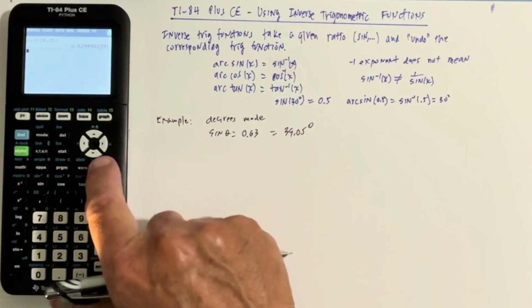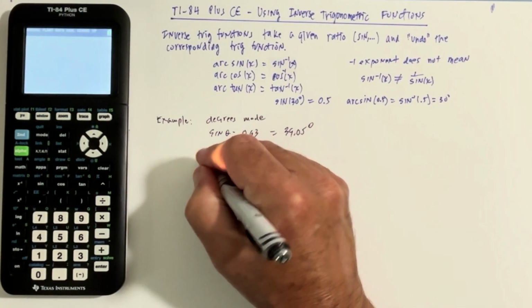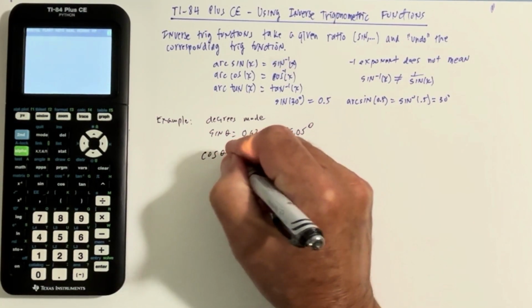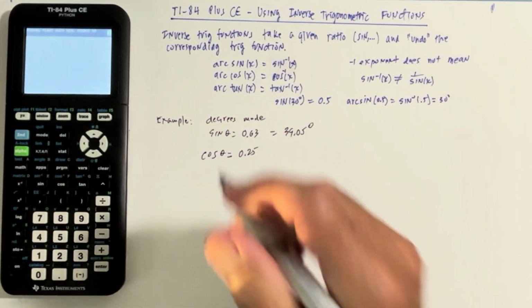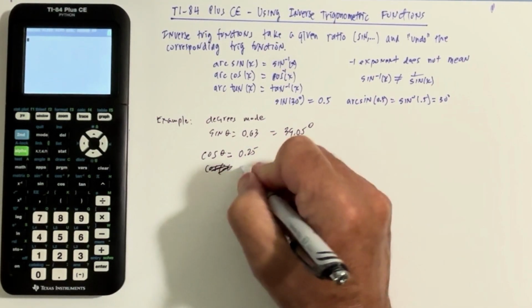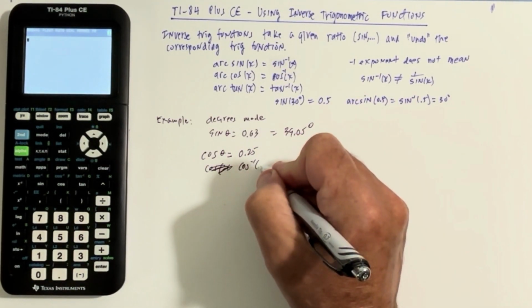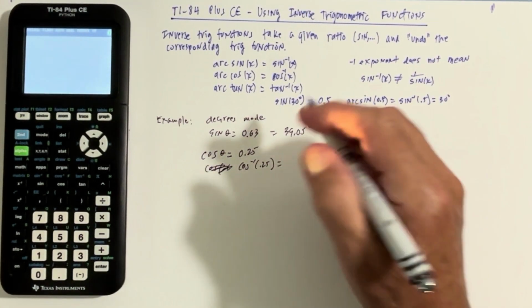Let's clear that and do another example. Let's say the cosine of theta is equal to 0.25. So now we take the cosine inverse of 0.25, and let's see what degree that's equal to. That's going to be theta.